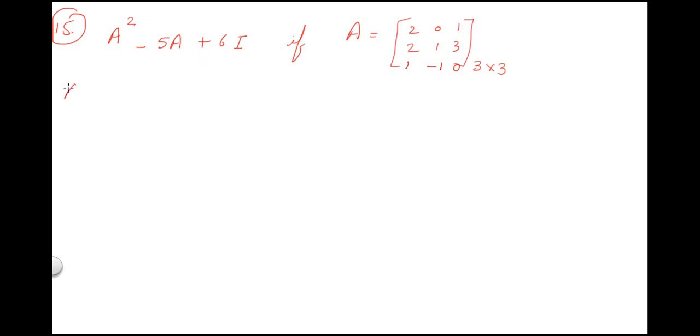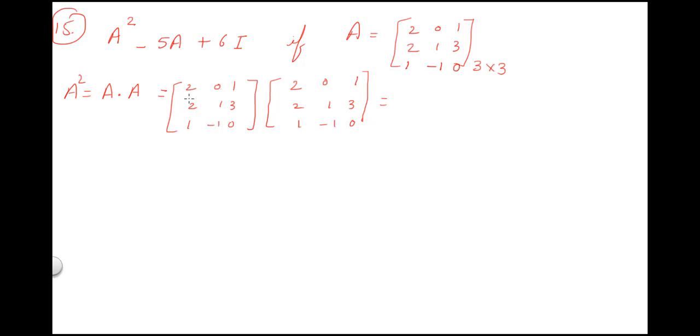Let us first find A square. A square means a matrix multiplied with the matrix itself. So if you have to write it, you will write 2 0 1, 2 1 3, 1 minus 1 0, and again 2 0 1, 2 1 3, 1 minus 1 0.